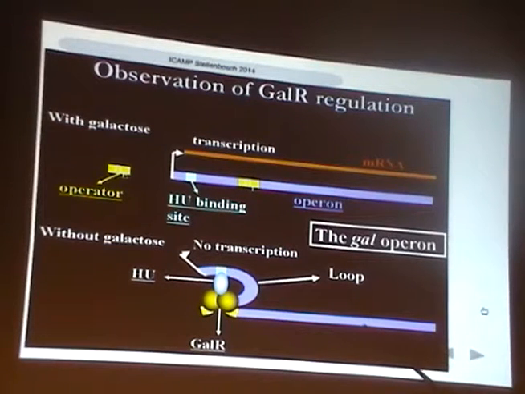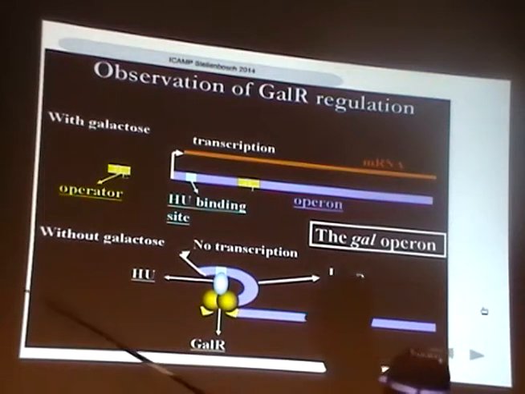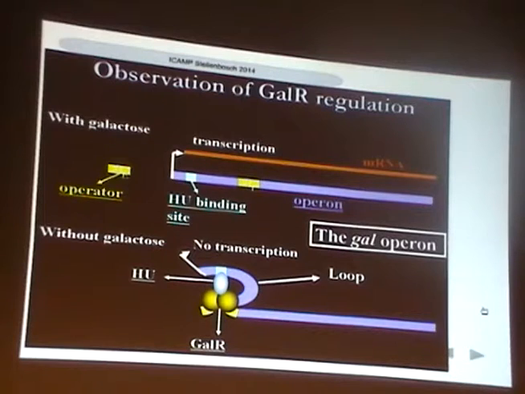You see that on such a system, if you apply a force with optical magnetic tweezers, you are going to break the loop, and so you are going to be able to allow the transcription. So, making a loop generates a reduction of the extension.